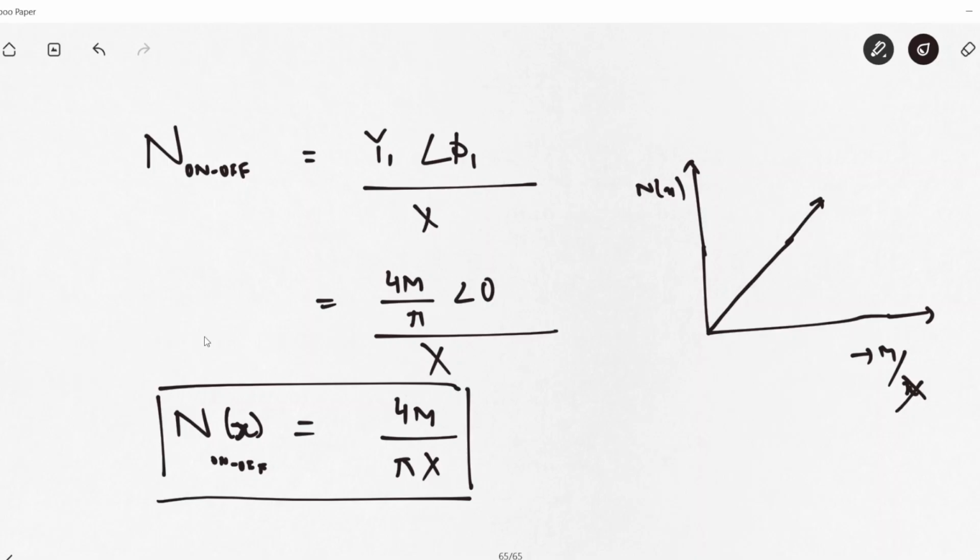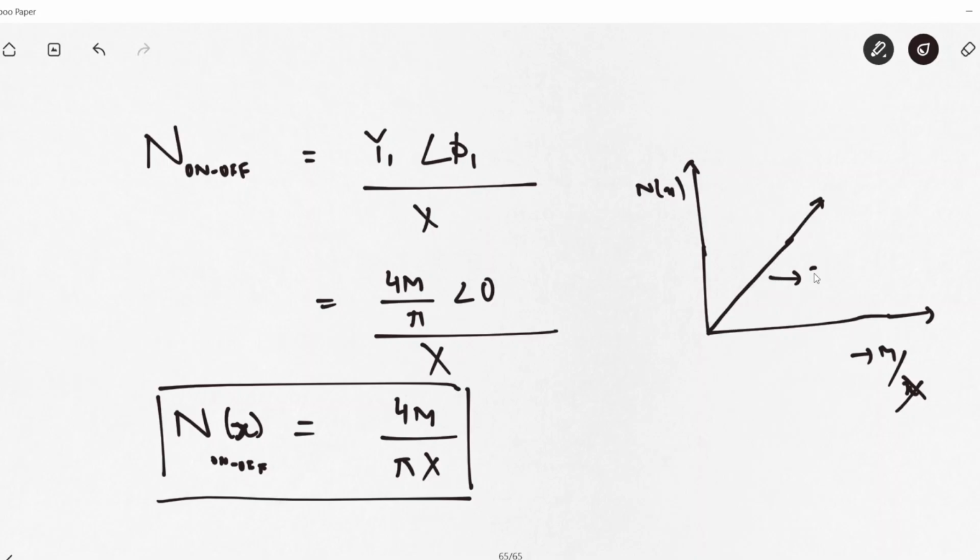So we are saying that y is equal to mx, the equation of a straight line, where y in this case is n of x, x is m divided by capital X, and m in this case is 4 by pi.